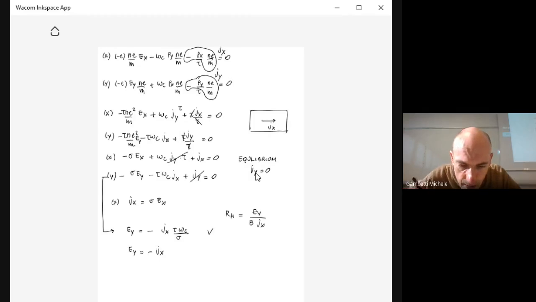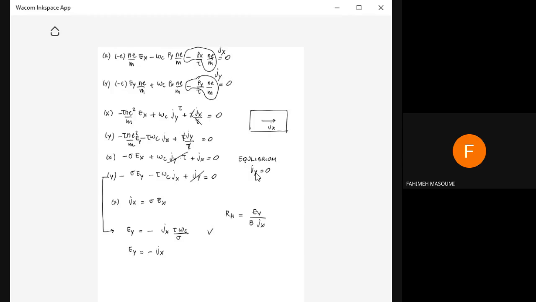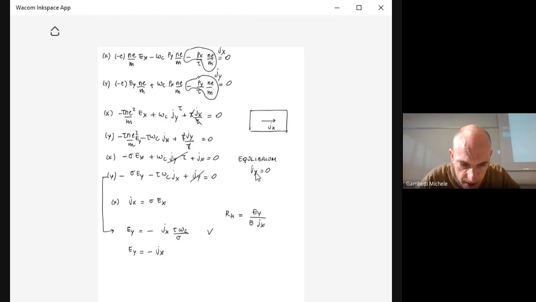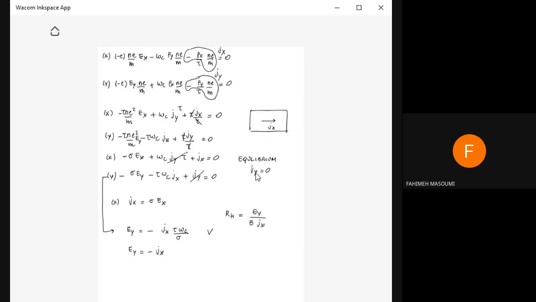Could you please repeat, because I was not able to hear clearly? Okay, we said that in the x direction, the Jx, because according to the model we know that if we apply the magnetic field, it should change the conductivity. Yeah, in principle, yes, but experimentally, in the x direction, we saw that it didn't work.